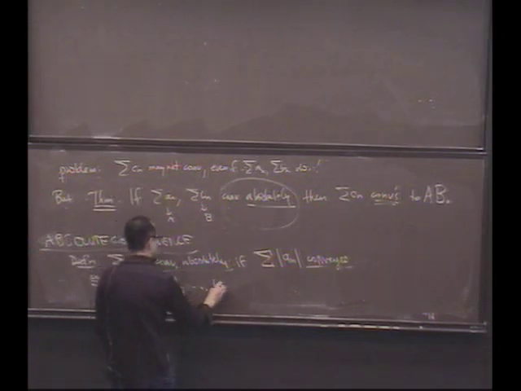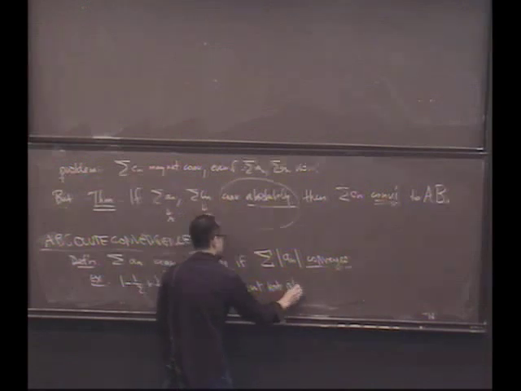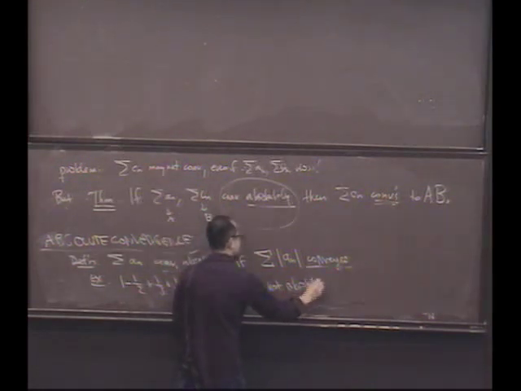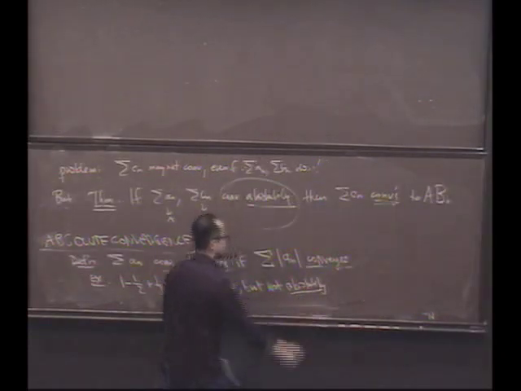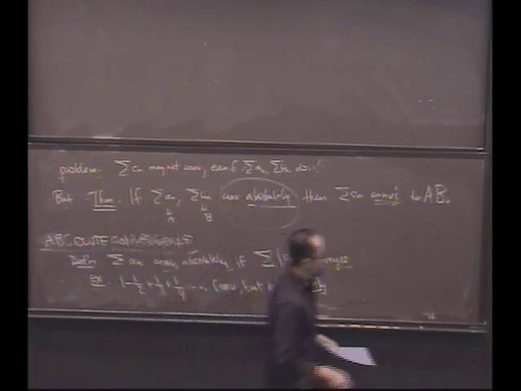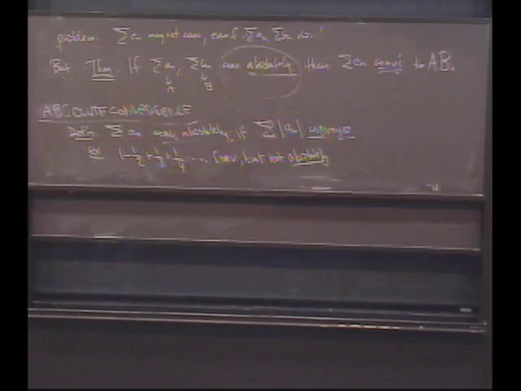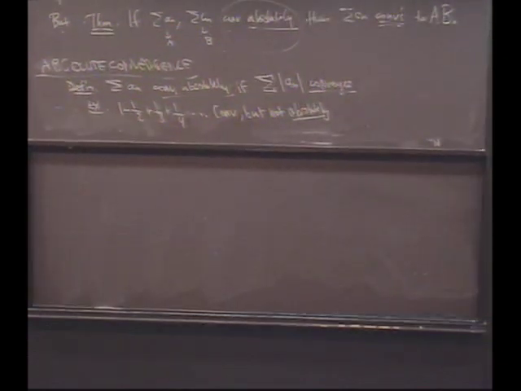So this actually converges, but not absolutely, because its absolute series is going to be the harmonic series. Now, a cool theorem is that if a series converges absolutely, then it converges.